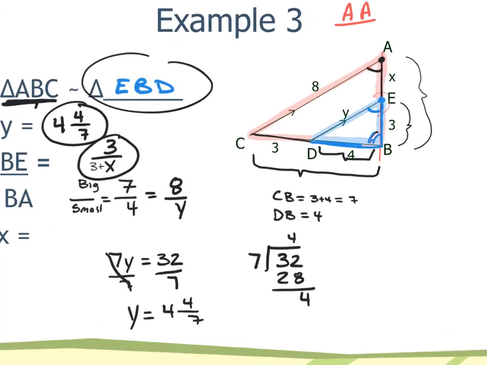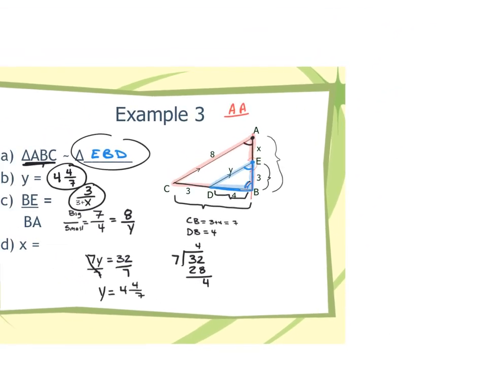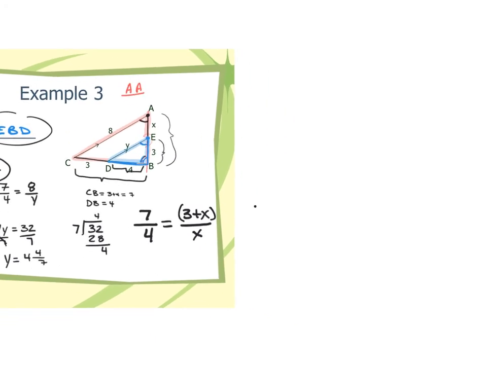Okay, so since he used big over small, we would use 7 over 4 equals 3x over x. Oh, 3 plus x. Sorry. 3x and 3 plus x are not the same thing, just to be clear. One is 3 times x, one is 3 plus x. So 3 plus x over x. So we've got 7 times x is equal to 4 times 3 plus x.